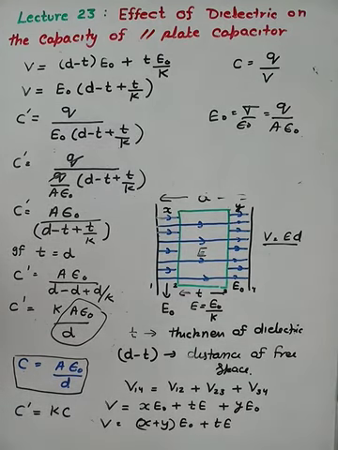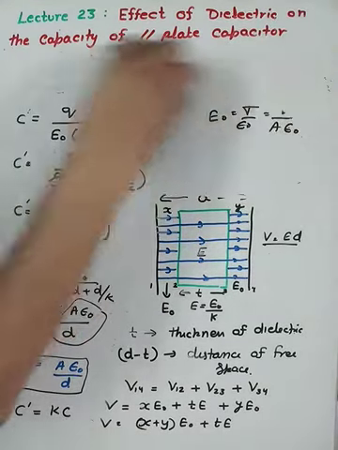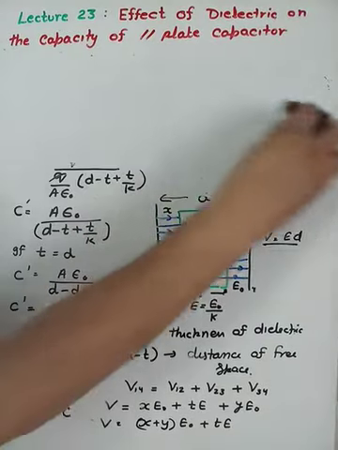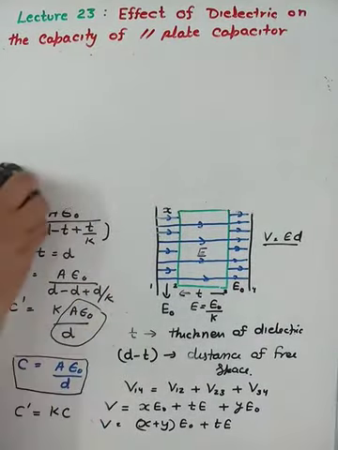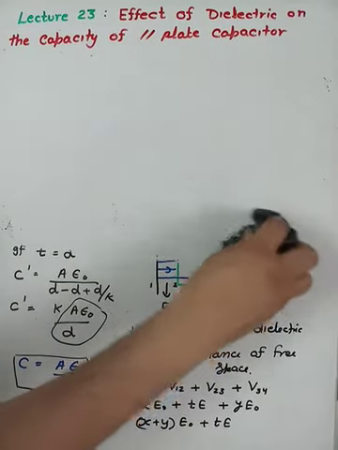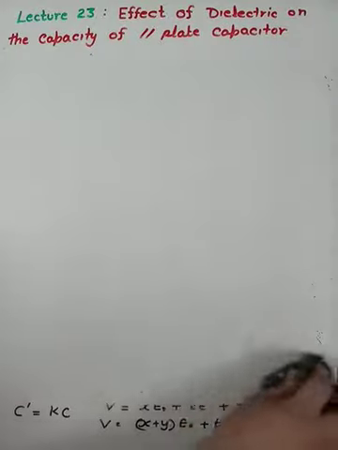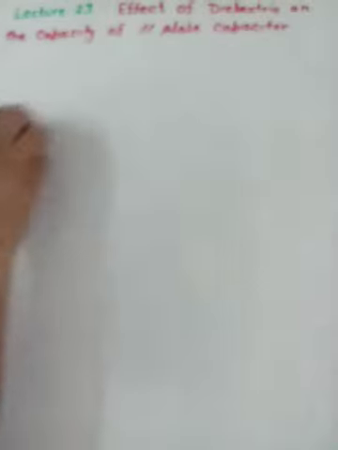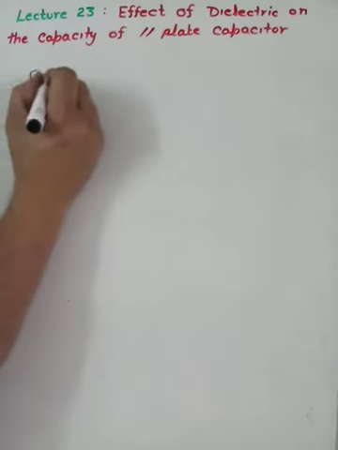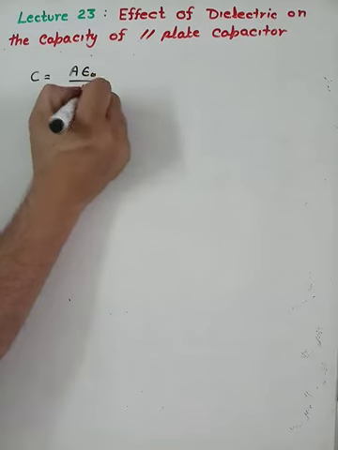Now what will happen if we insert multiple dielectrics instead of a single plate? Suppose we have 2-3 dielectric plates and it is completely filled. What we have derived till now: capacity in free space is C equals A epsilon naught upon d.